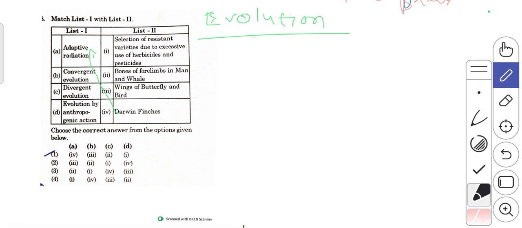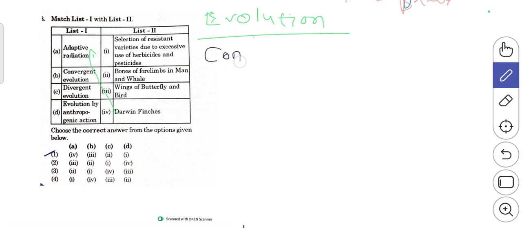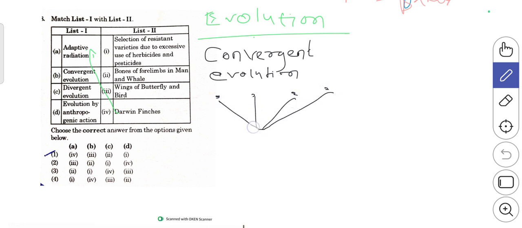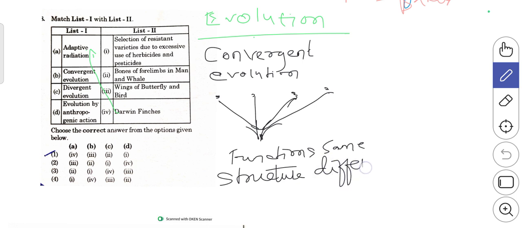Then convergent evolution. You need to know this, as many questions will come from it. In convergent evolution, organisms evolve from different ancestors, with different histories, but they converge at a single point, as they have the same functions but different structures.